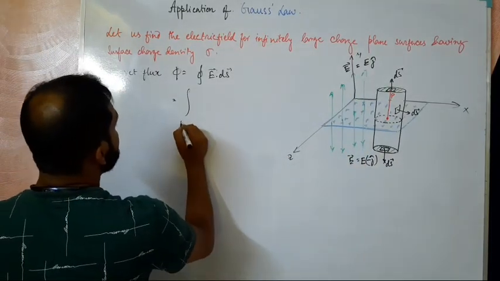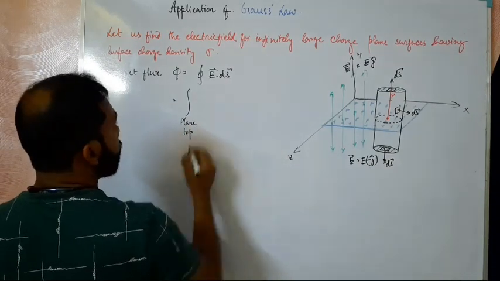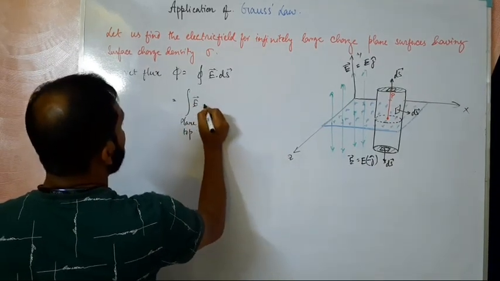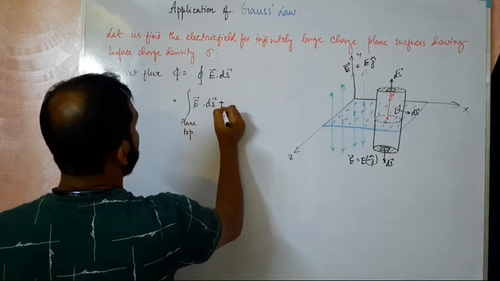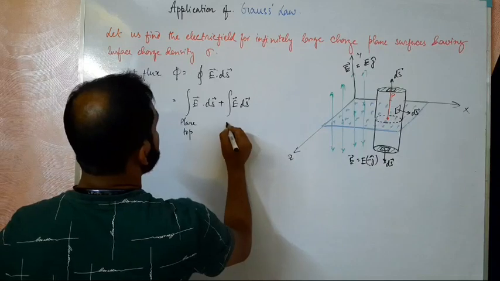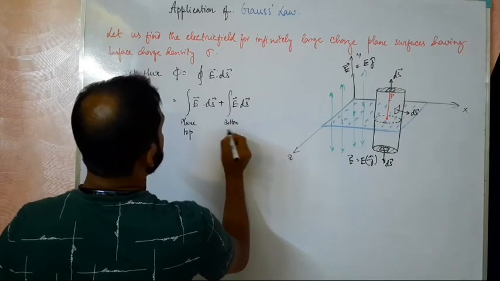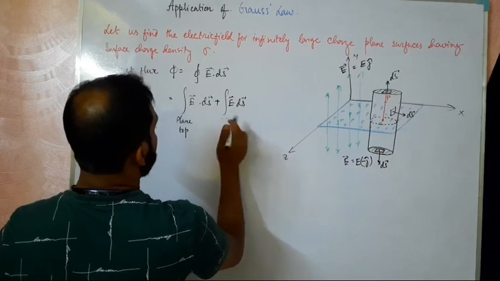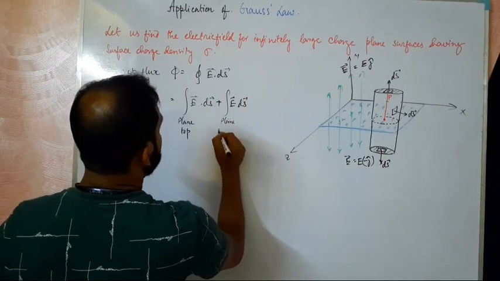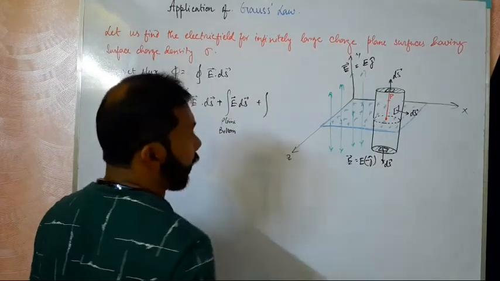So plane surface at the top, E dot ds, plus plane surface at the bottom, and the curved surface.